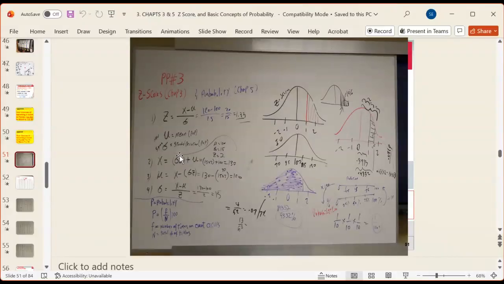But for now, we're not going to go for the one that deals with research. We're still using this same formula. And at the bottom, we said that the formula for the probability is P equals F over N times 100, where F is the frequency and N is the total number of trials.